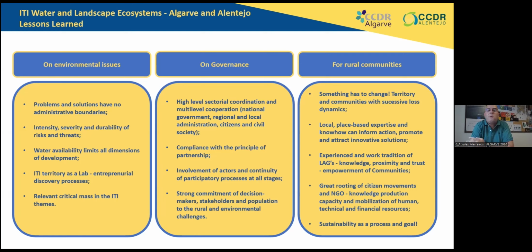Local place-based expertise and know-how can inform action, and we found very good expertise in our territory to support the decisions and to attract and develop new innovative solutions for the ITI teams addressing the environmental issues.